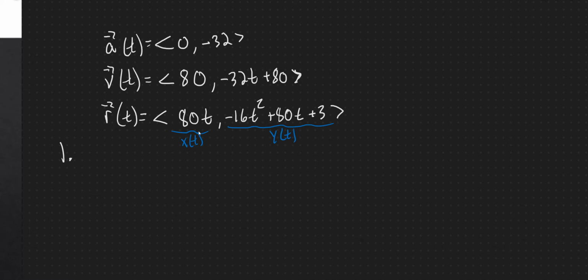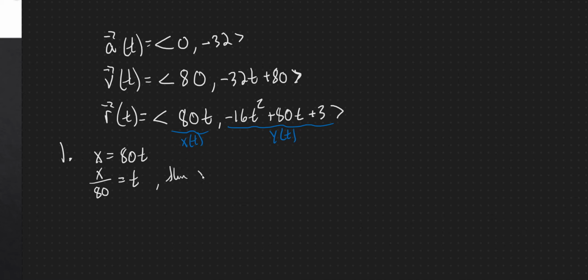So in order to do that, I'm going to solve this for t, right? So if I have x equal 80t, that tells me that x over 80 is equal to t. So now I have t as a function of x, and then I can evaluate y of t, or y of x over 80.